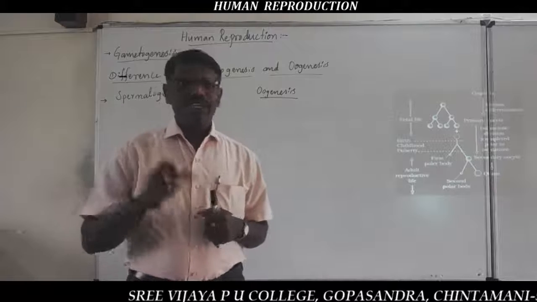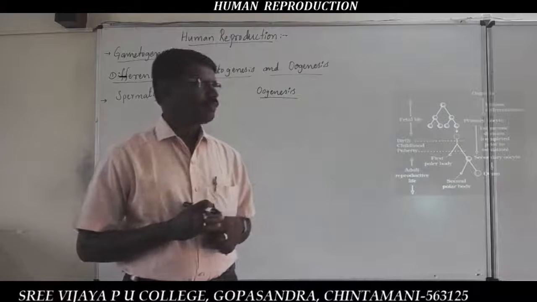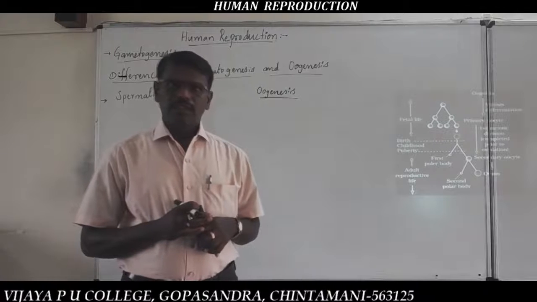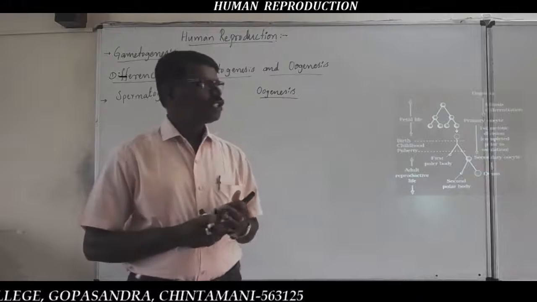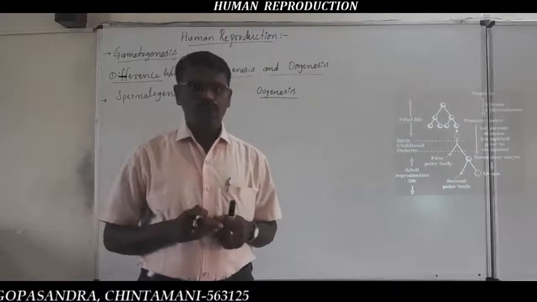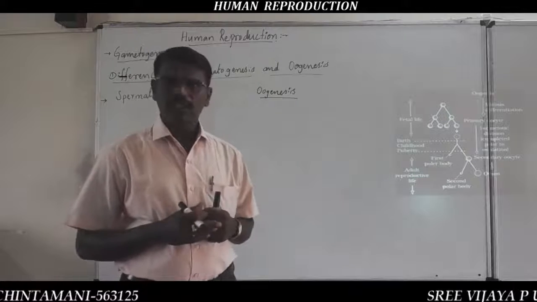So we discussed the entire process of spermatogenesis and oogenesis. In spermatogenesis, the spermatids that are formed transform themselves into functional sperms.